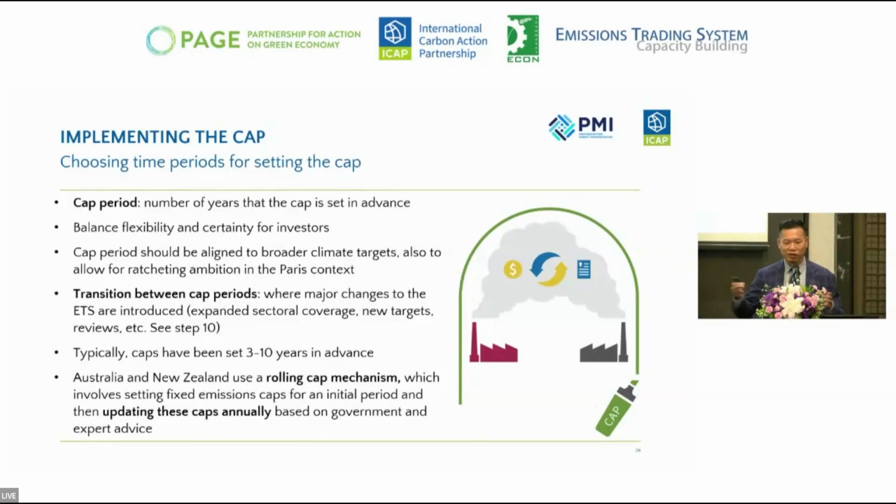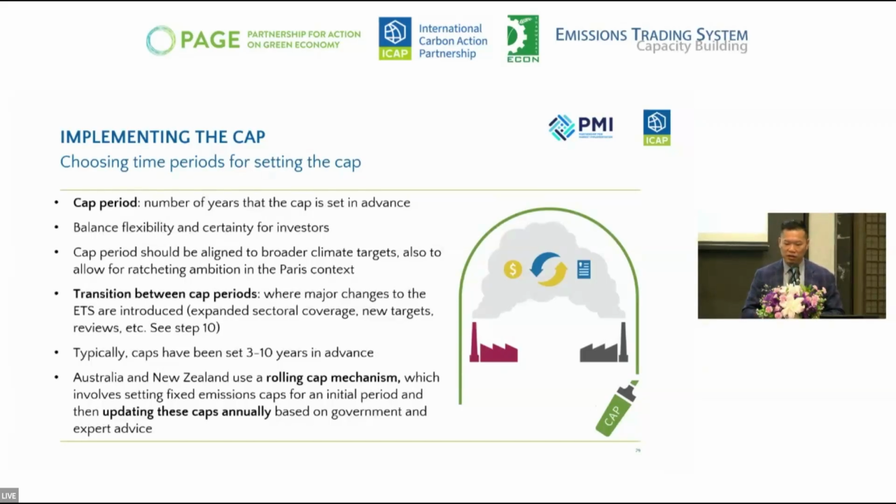So the longer the period, the better expectation it gives to the market. And, like I said, it needs to balance flexibility and certainty for the investors. If it's short term, it provides more flexibility but less certainty. So it needs to balance between these two.